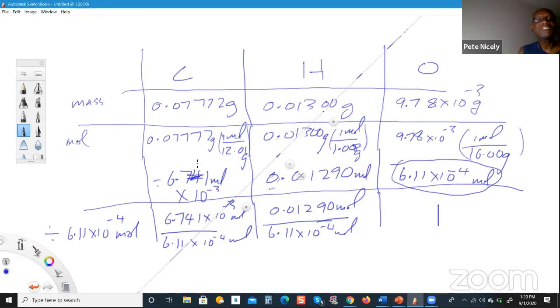This should be 4.7, and this should be 4.7 as well. All right, so I'm sorry about this, but make a note of this. Wherever you see 6.741, it should be 6.471, all right? For some reason, the software is not allowing me to write above the line or below the line. I don't know what's going on here.